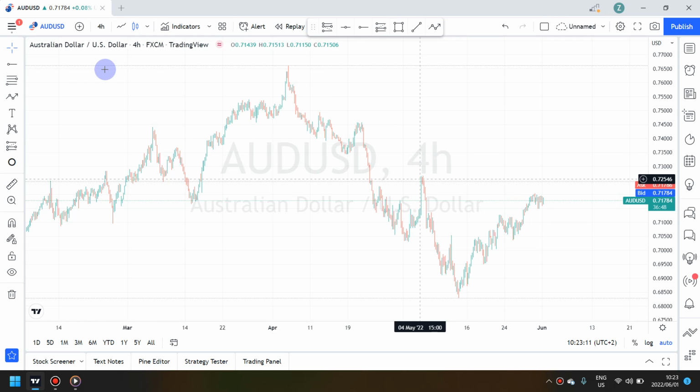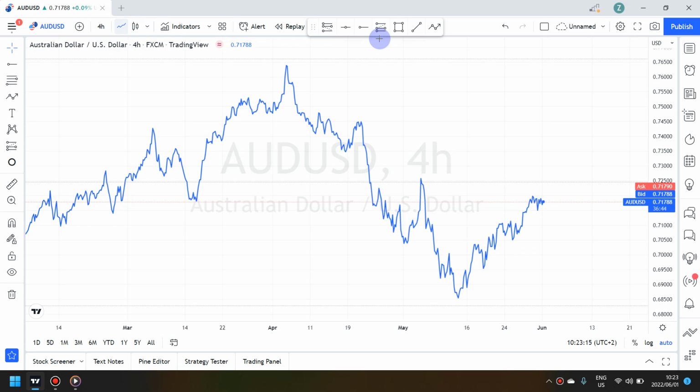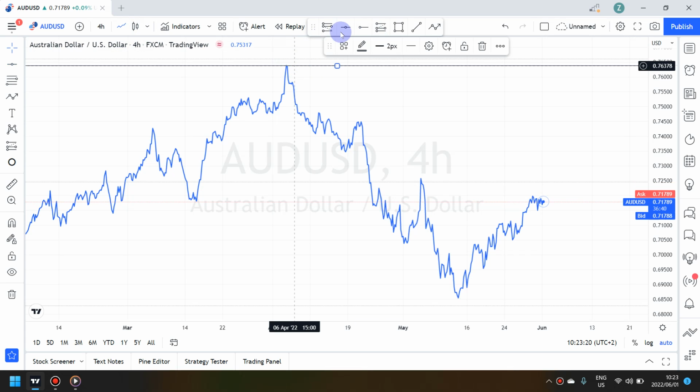So usually I start from a 4 hour time frame, switch to the line graph to identify my key levels.